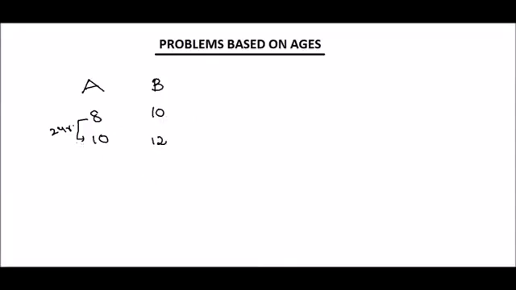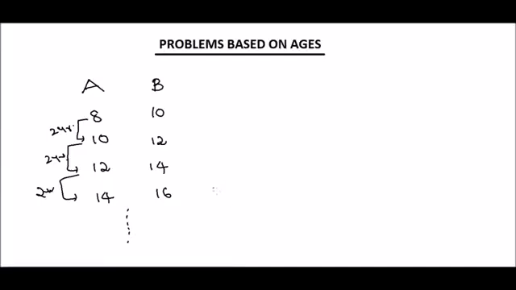Next, after another 2 years from then, what would be the age of A? 10 plus these 2 years, obviously 12 years. 12 plus these 2 years, obviously 14 years. If they ask after 2 more years, it will become 14 and 16 and so on.